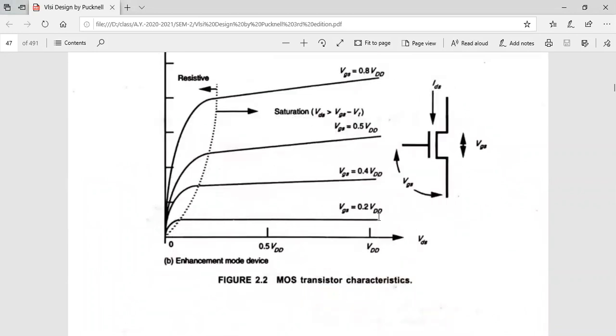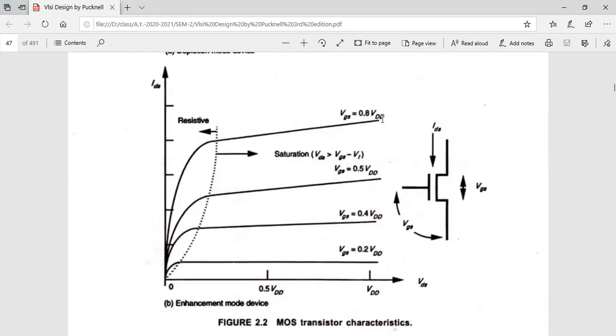We generally take the gate to source voltage in terms of VDD only: VGS is 0.2 times VDD, 0.4 times VDD, 0.5 times VDD, and 0.8 times VDD.